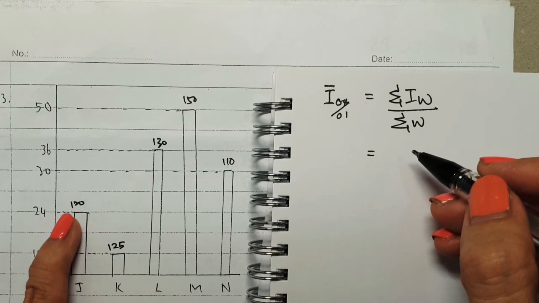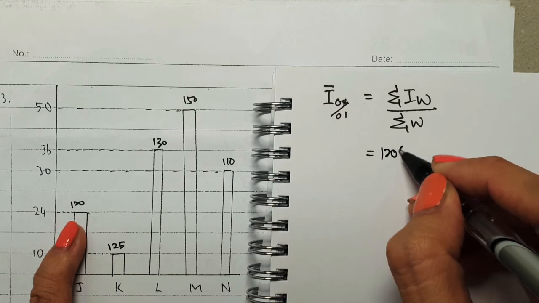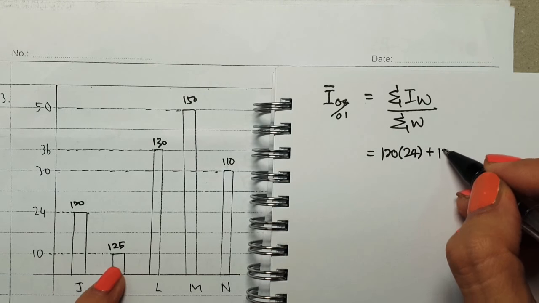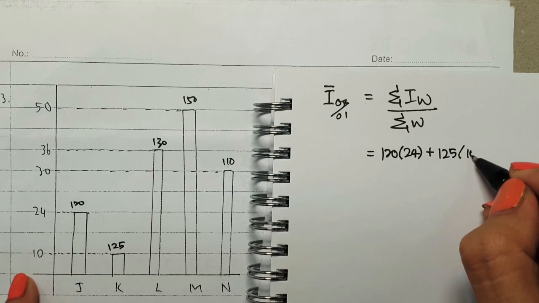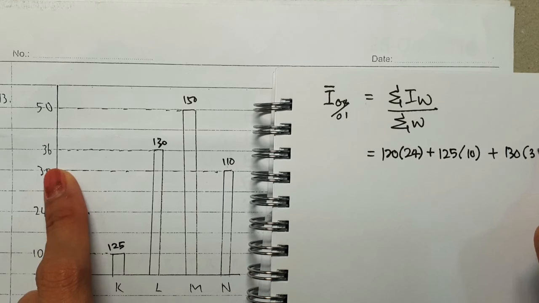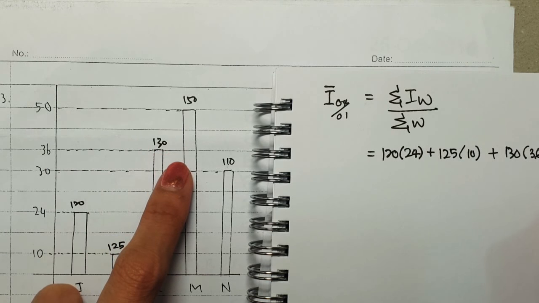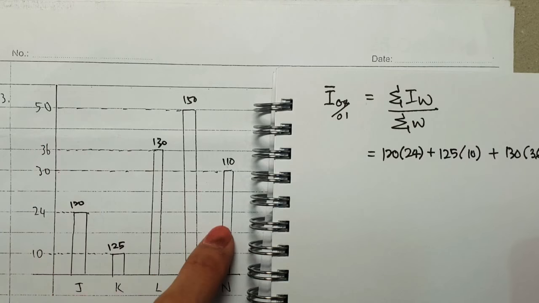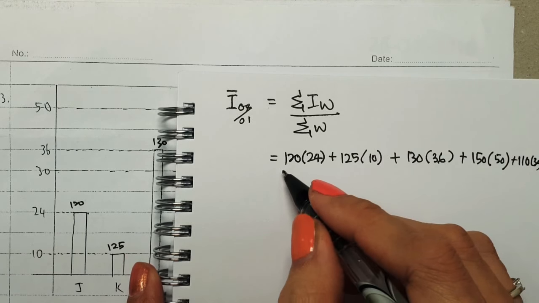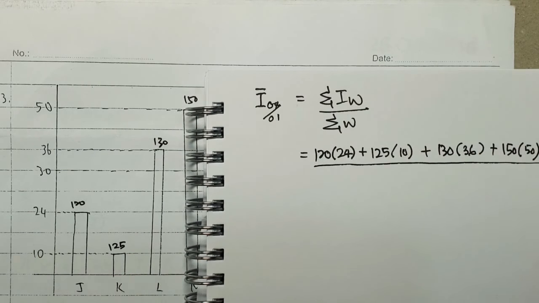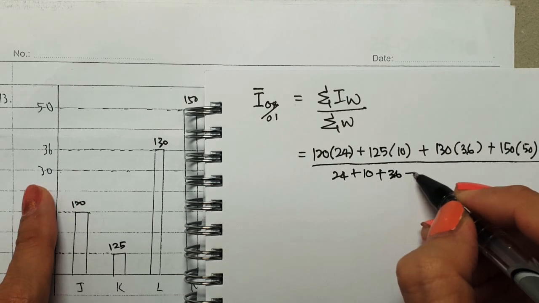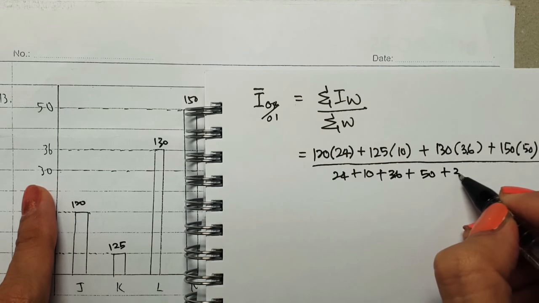So the index is 120 times its weightage, which is 24, plus 125 times 10, plus 130 times 36, plus 150 times 50, plus 110 times 30, and then divided by the total of 24 plus 10 plus 36 plus 50 plus 30.